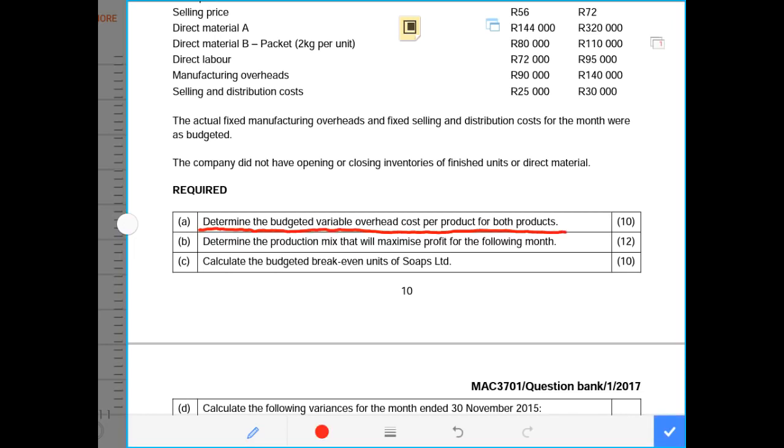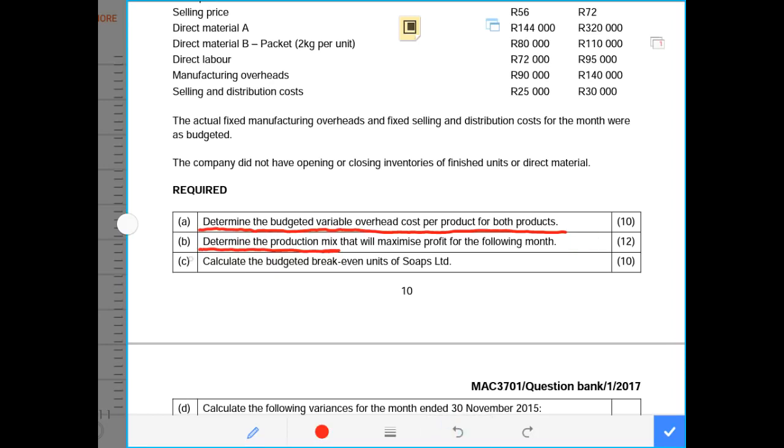So meaning this company has two products. And we are therefore required to determine the production mix that will maximize profit for the following month. So that means here there must be a limiting factor, something to take into account. So there is a limiting factor in that question.